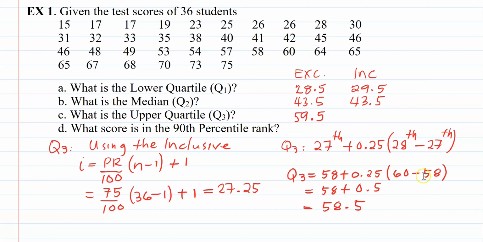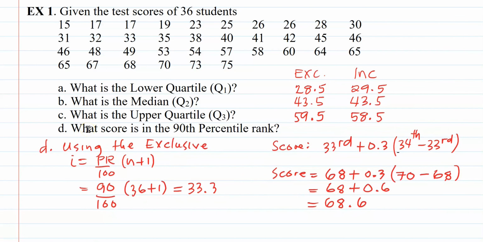So 60 minus 58 is 2, times 0.25 is 0.5, and then add that to 58. So our Q3 is 58.5. So that means that the upper quartile, or Q3, using the inclusive method is 58.5.